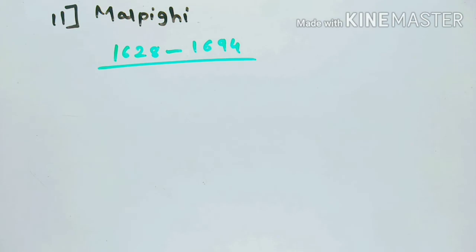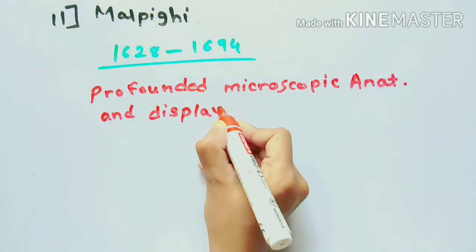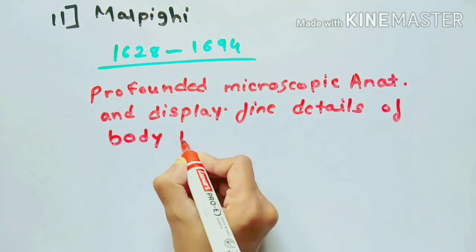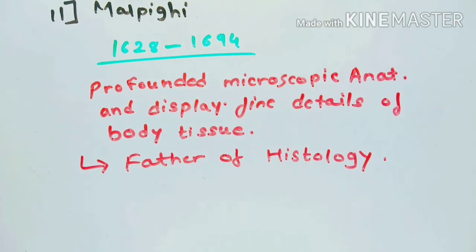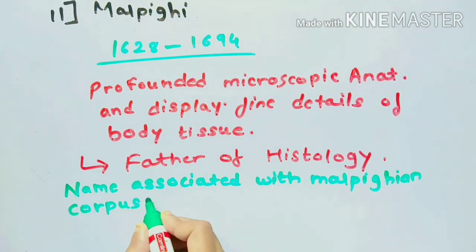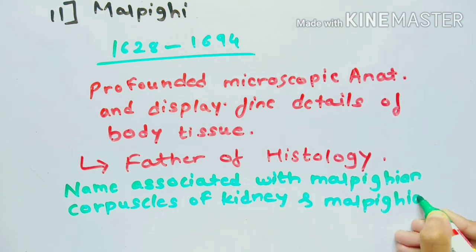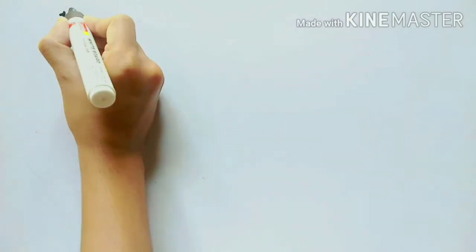He propounded microscopic anatomy during 1628 to 1694 and displayed fine details of body tissue. He is known as the father of histology and his name is associated with Malpighian corpuscles of the kidney as well as the Malpighian body of the spleen.